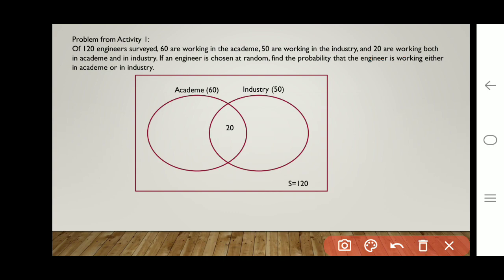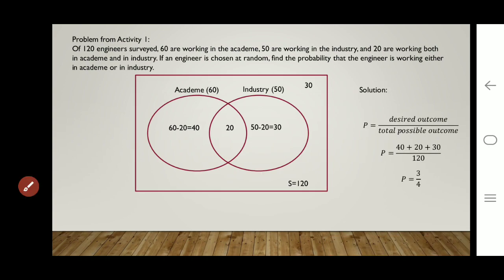Ang pinapahanap sa atin is yung probability na yung engineer is working either in academe or in industry. So, paano ba yun? I-recall lang natin kung paano tayo gumagawa ng Venn diagram. Diba?